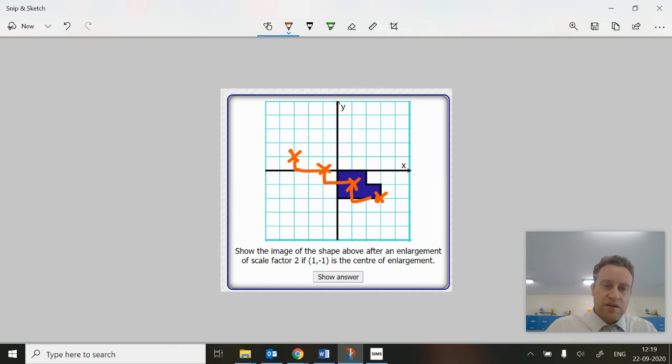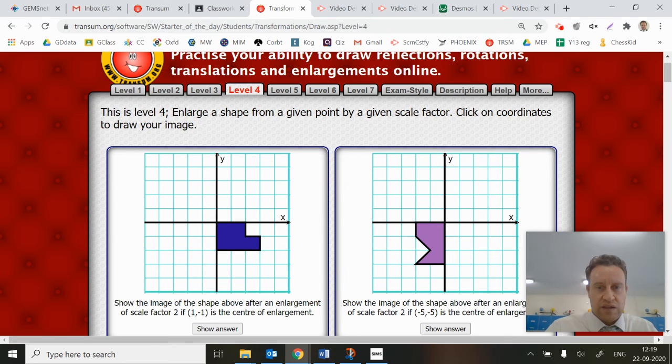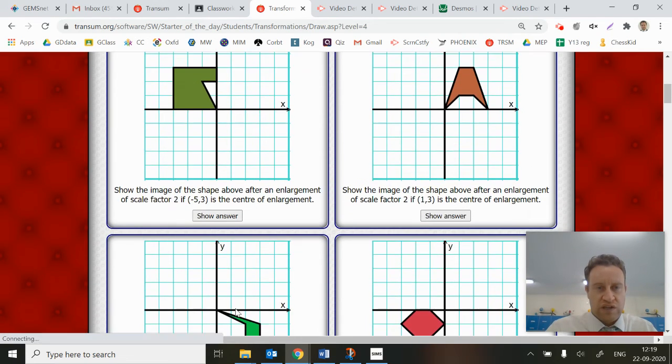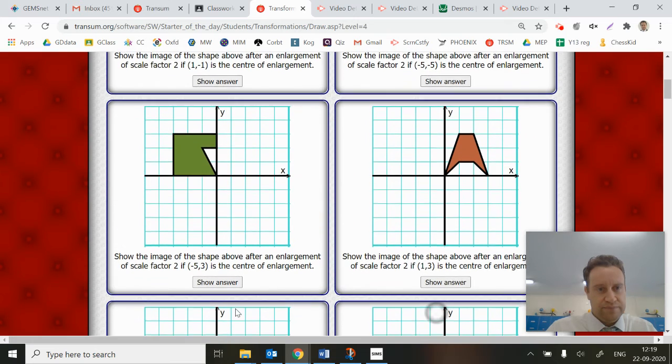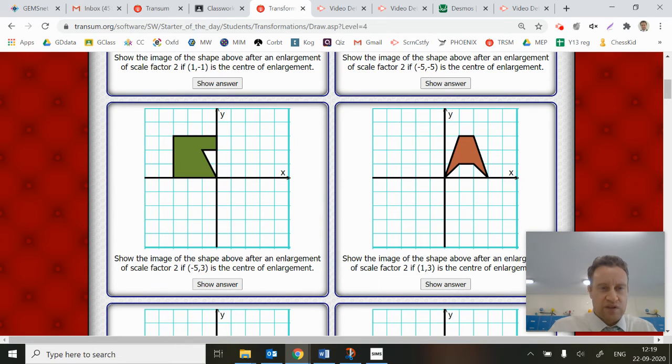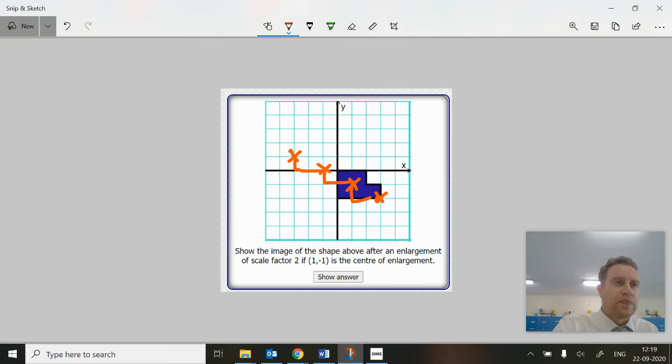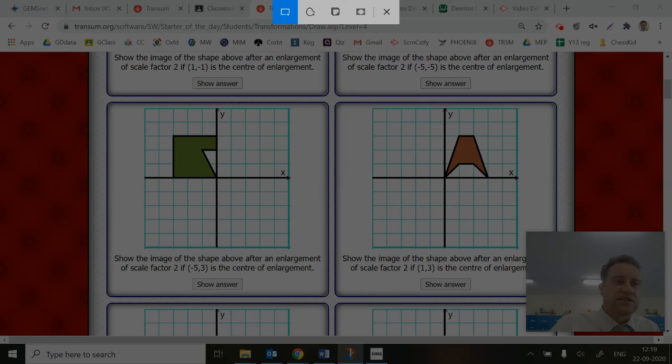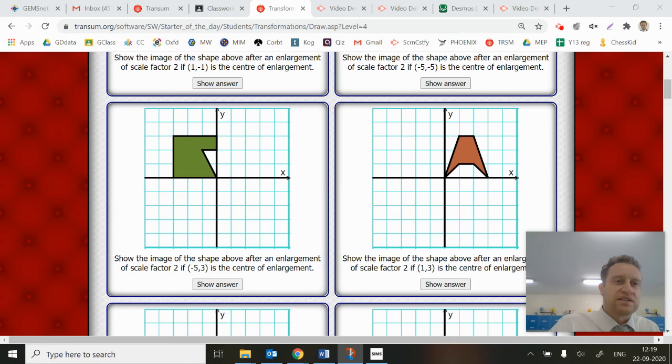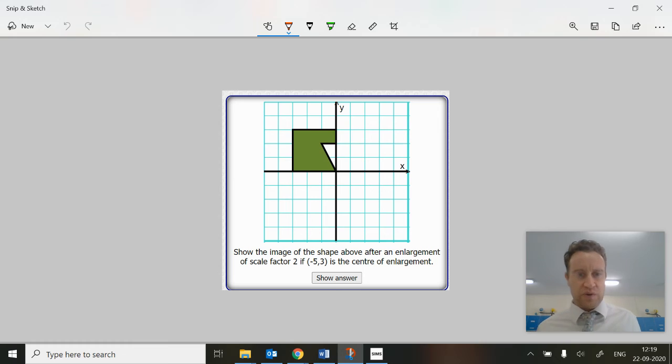Okay, let's take another question. Let's look at this one here, this kind of greeny one. So let's take this, and this one is talking about us doing an enlargement of scale factor 2 again, so keeping it nice and easy there.